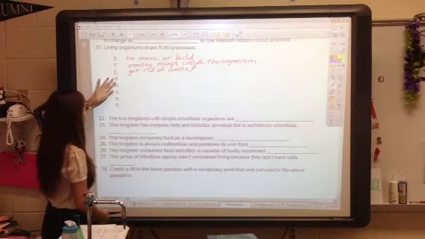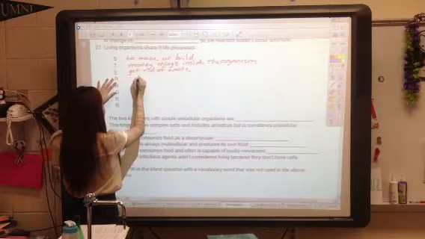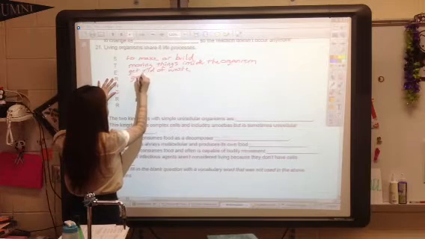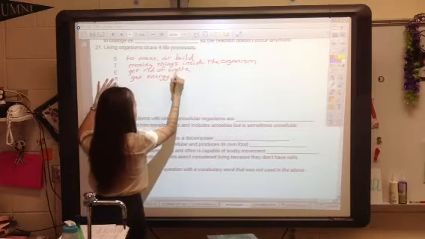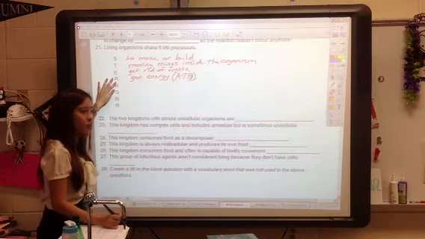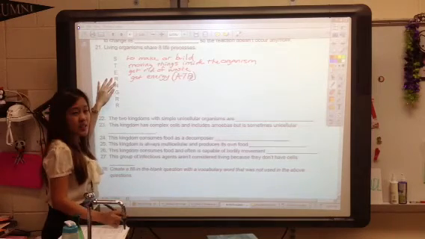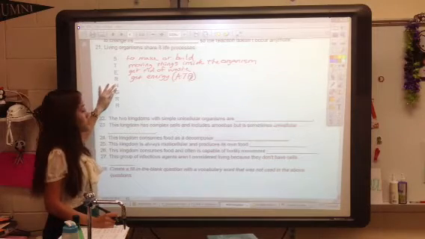But the first R could be dealing with get energy. And energy, you need to know, is ATP. That's just the name of the specific molecule that makes energy. Just like how DNA was the specific name for a nucleic acid.